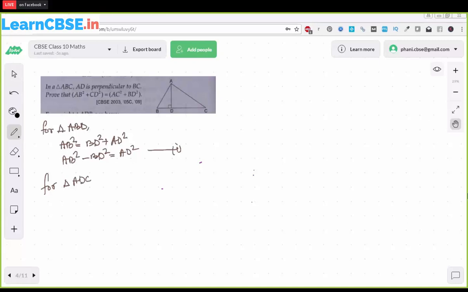We can write AC square equals AD square plus CD square. So AC square minus CD square equals AD square. That's the second one.